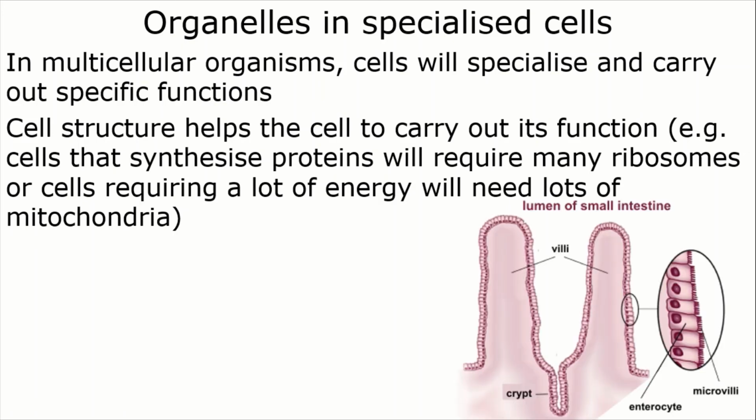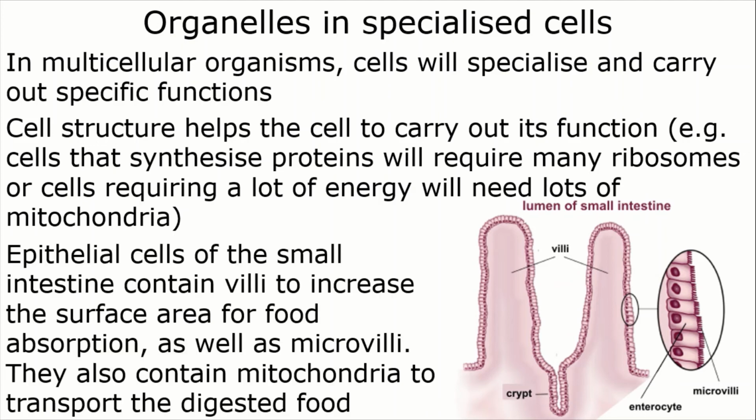On the right hand side of the screen here, I've got a diagram of the lumen of the small intestine. Now, the lumen of the small intestine is made up of epithelial cells, and these form structures called villi, which are these large dome-like structures that you can see.